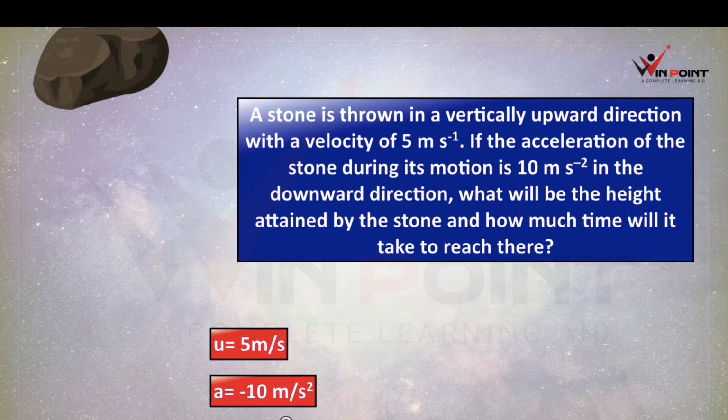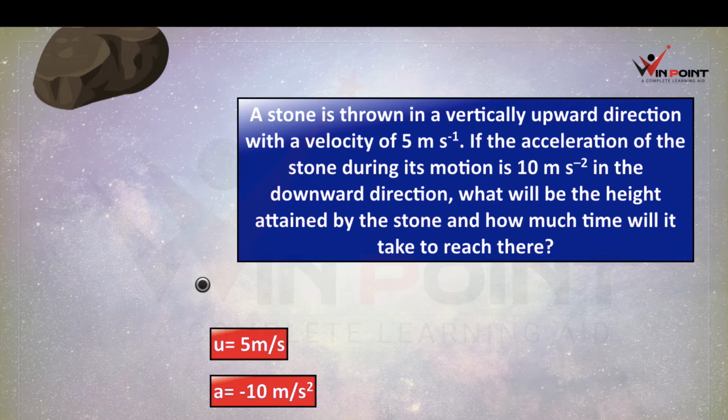We are throwing that stone with a velocity of 5 meter per second. That's the reason for this movement. So initial velocity is 5 meter per second because we are throwing the stone with that velocity, and acceleration is minus 10 meter per second square. Minus 10 means the acceleration is in downward direction and displacement is in upward direction. So there will be a negative sign for this acceleration.